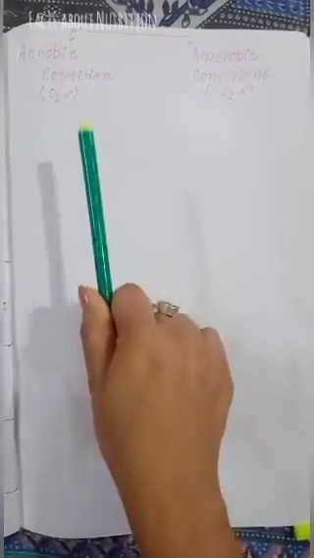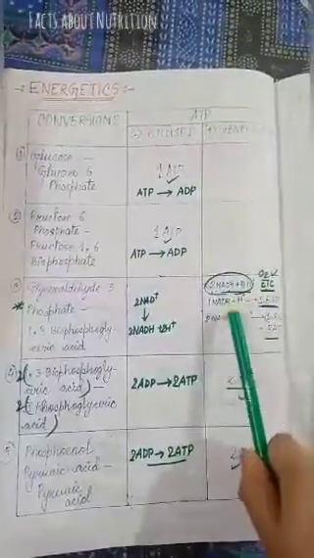Now the energetics, that is the total number of ATP generated, can be categorized under two conditions: aerobic condition, whenever there is oxygen, and anaerobic condition, when there is no oxygen, right? In aerobic condition, whenever oxygen is present, everything will occur.